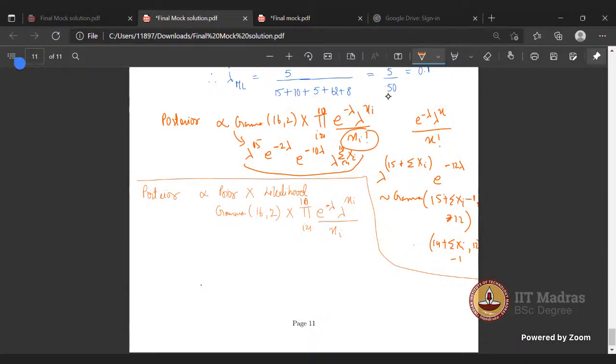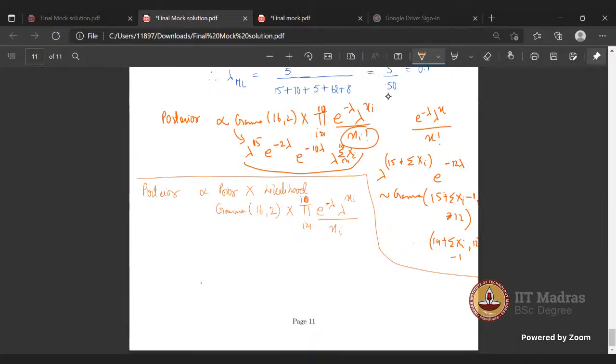You have 10 such pieces of cloth. Now, if you write this, it is going to be x to the power alpha minus 1. So in place of x, you have lambda over here. So x to the power alpha minus 1 and e to the power minus beta x. And if you do the product.